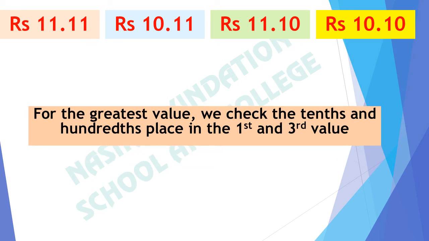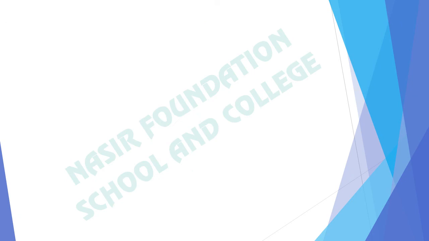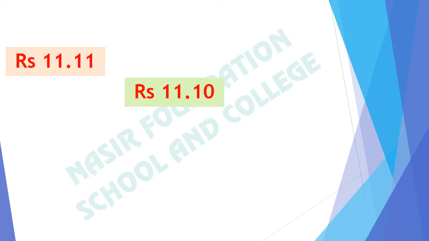Now we will compare the value in hundreds place. There is 1 and 0, as 1 is greater than 0. Therefore, 11 rupees 11 paisas is greater than 11 rupees 10 paisas. 11 rupees 11 paisas is the greatest value, and then it comes 11 rupees 10 paisas.